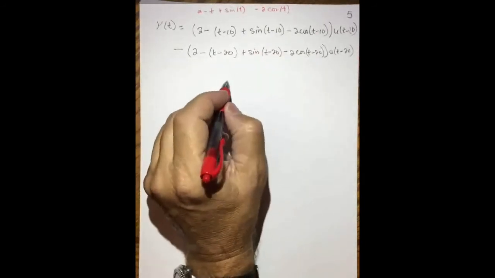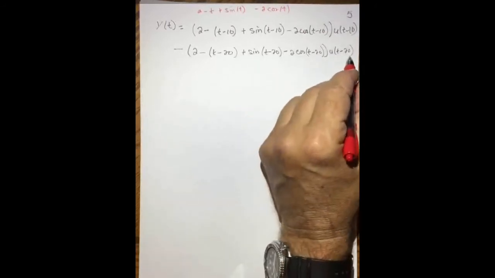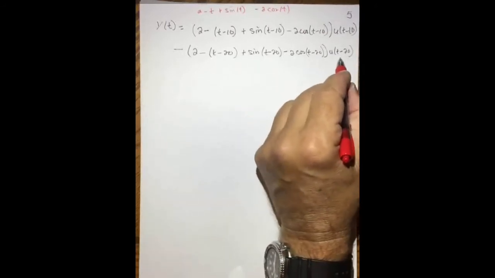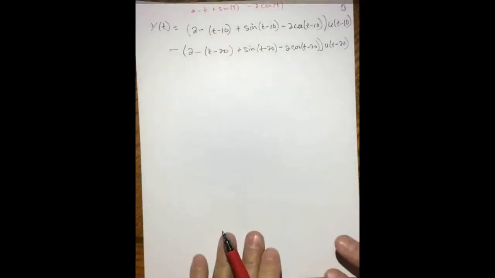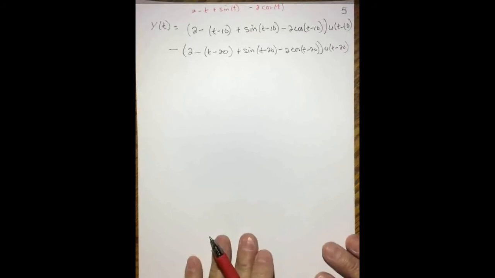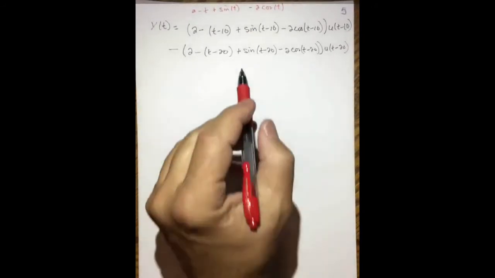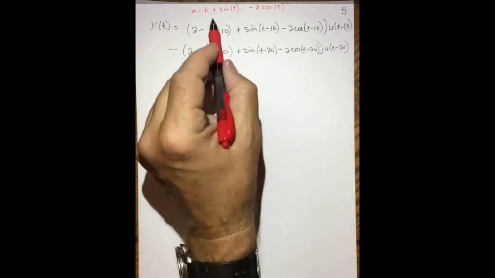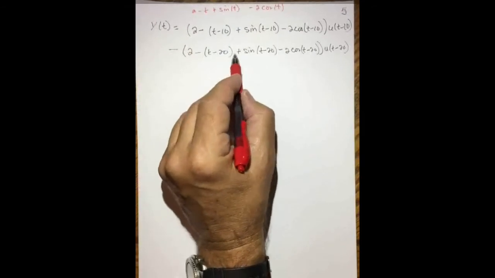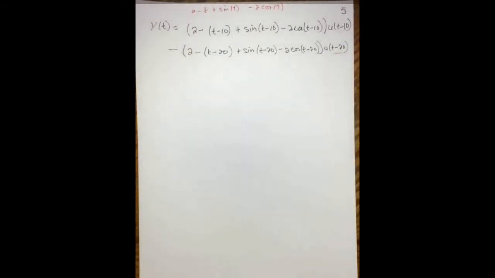Then remember we had minus an e to the minus 20s. Well, that generates this. So we then need to take this expression we got from the decomposition, and everywhere you have a t, you're going to put t minus 20 and then step it. So that is what the general solution looks like.